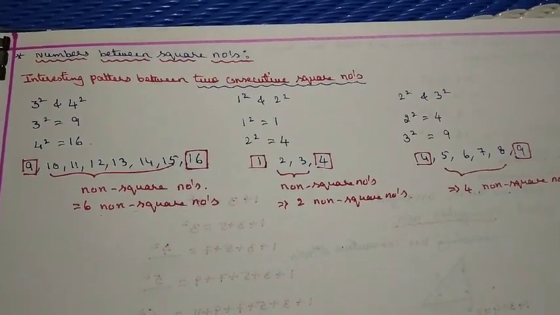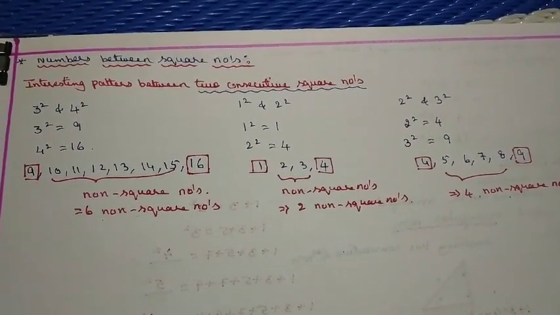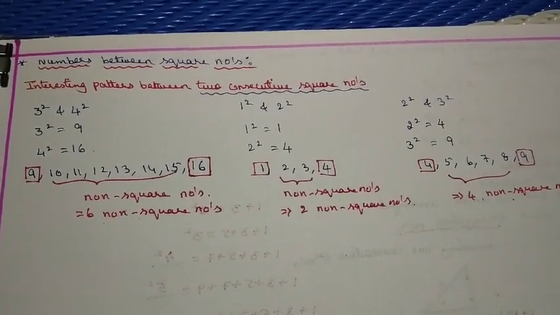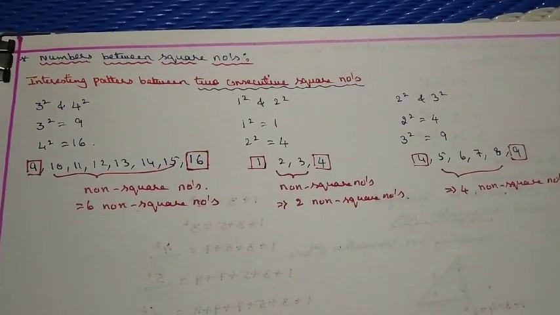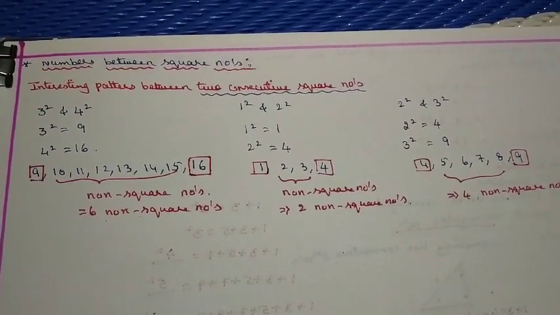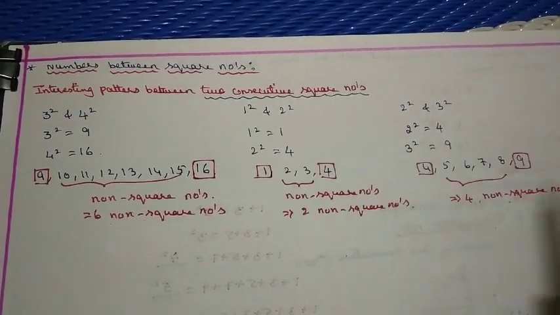The number of non-square numbers between two consecutive squares is in the pattern of 2n, where n is the smaller number.